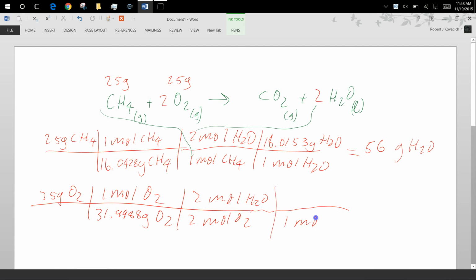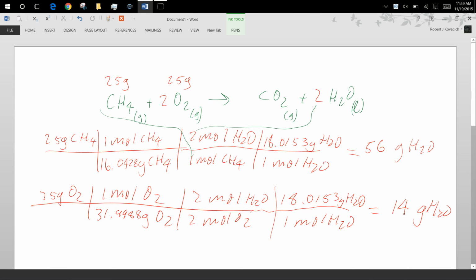And then for every 1 mole H2O, 18.0153 grams H2O. And then this will be grams of H2O. Let's see what that's going to be. So 25 divided by 31.9988 times 18.0153, and the 2's cancel out. So then it's 14.